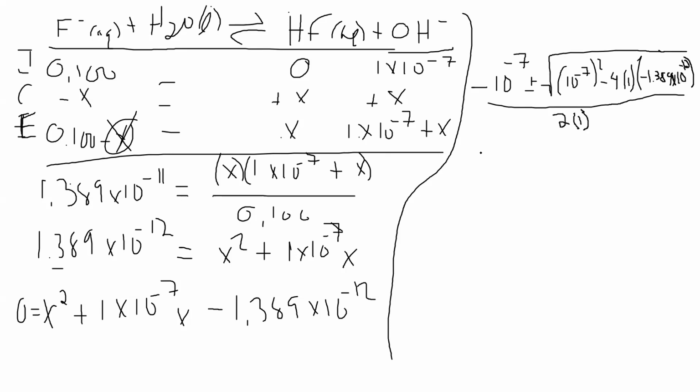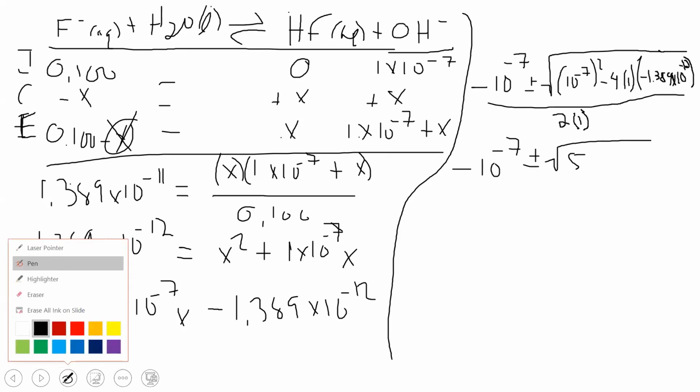And so if you give me a second, I'm gonna plug this all in. So you wind up with negative 10 to the minus 7 plus or minus the square root of, that should be, nope, that's not, come on.